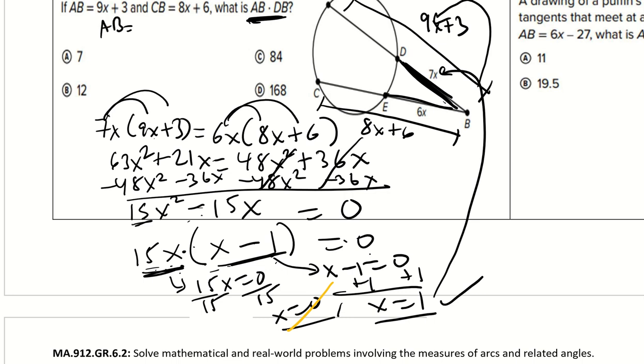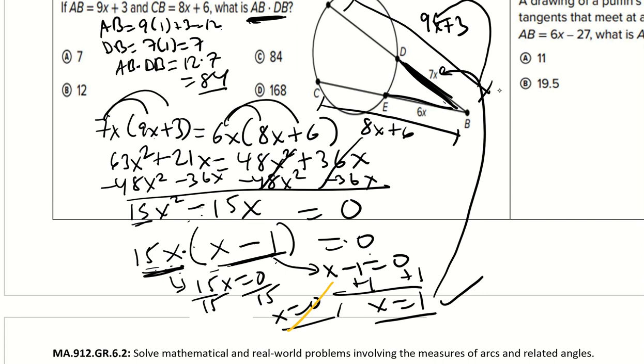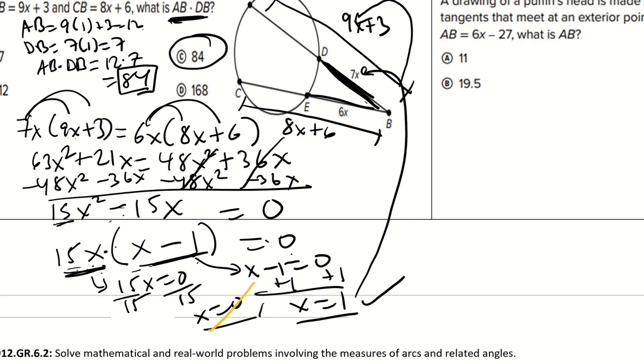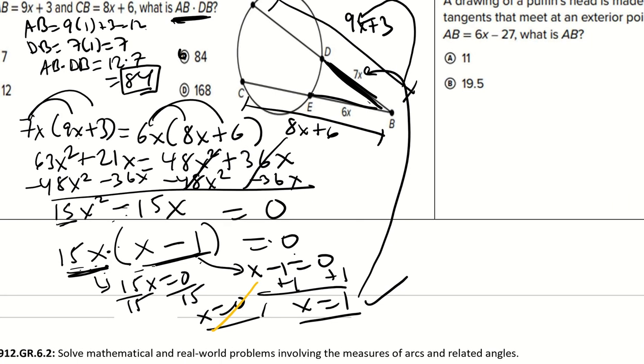So AB is 9 times 1 plus 3, which is 12. DB is 7 times 1, which is 7. And then multiply those together. AB times DB is 12 times 7, which is 84. Okay, yeah, there's a lot involved in some of these problems, so you just got to make sure you read the question carefully.